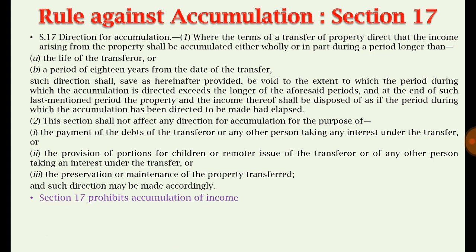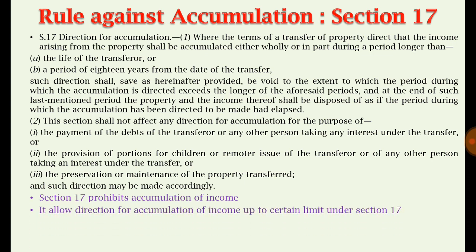So firstly, we must see that section 17 allows accumulation of income up to a certain period, and beyond that period the accumulation is invalid. Whatever the terms and conditions of that transaction, whatever directions are given by the transferor to the transferee to store the income of the property transferred to him, section 17 provides that the direction will be valid only up to the longer period provided by section 17, and direction beyond that will be invalid.